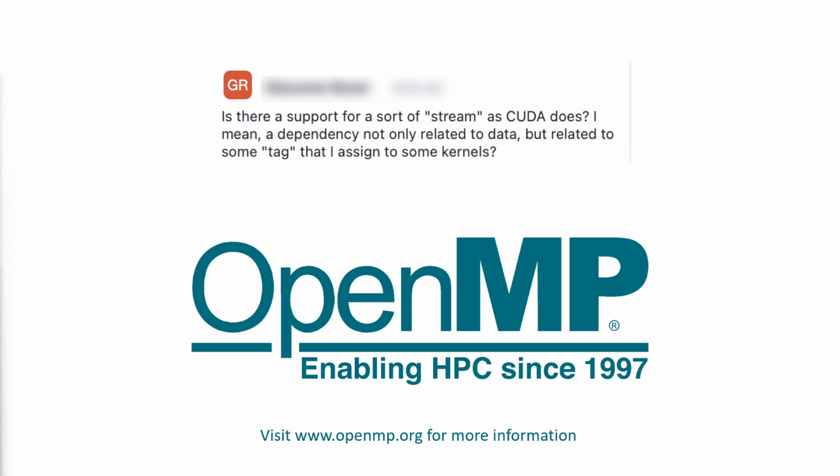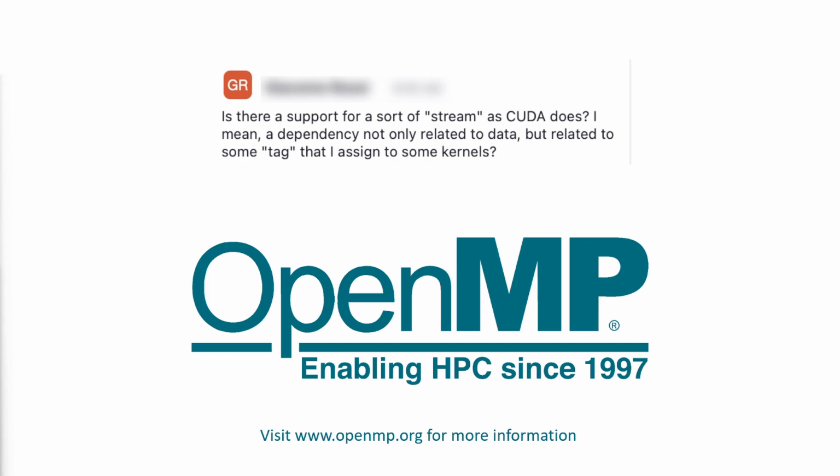Then there is a question, is there support for sort of a stream as CUDA does? A dependency not only related to data, but related to some tag that I assign to some kernel. Yes and no. No, in the sense that we don't have this explicit restriction that if you do two asynchronous kernels from the same thread, that they have to execute on the same underlying GPU stream.